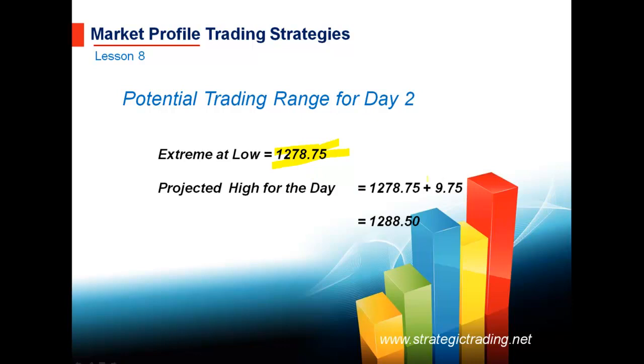And we're going to add 9.75. So I would project that if in fact things flow as per our diagnosis, the potential range for day 2 is going to move all the way up to 1288.50.